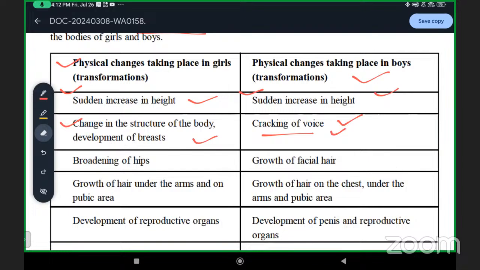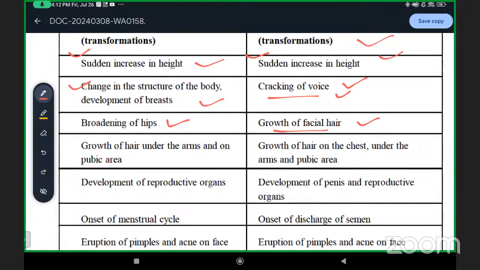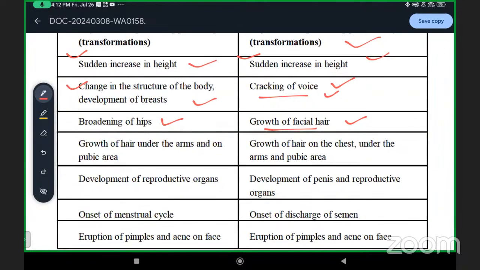Then there is broadening of hips in girls, and growth of facial hair in boys, like beard and mustache. Then growth of hair under the arms and on the pubic area, and growth of hair on the chest, which happens in boys and girls both.